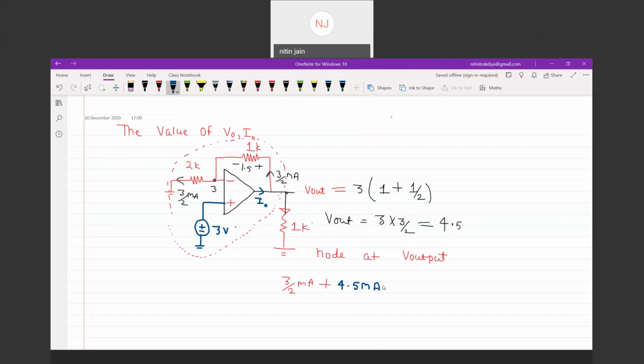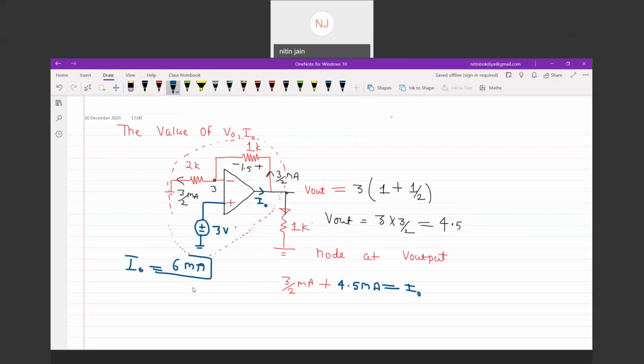All this current is supplied by this op-amp. So the value of I out is 4.5 plus 1.5, which is 6 milliampere.